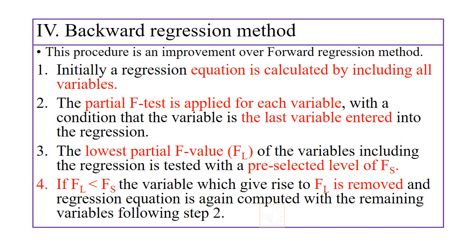Then the lowest F value, that is FL, is compared with the test value, that is Fs. The test value will generally be selected as 0.05. Therefore if FL is less than Fs, the variable which gives rise to FL is removed, and the regression equation is again computed, and the remaining variables follow step number 2.